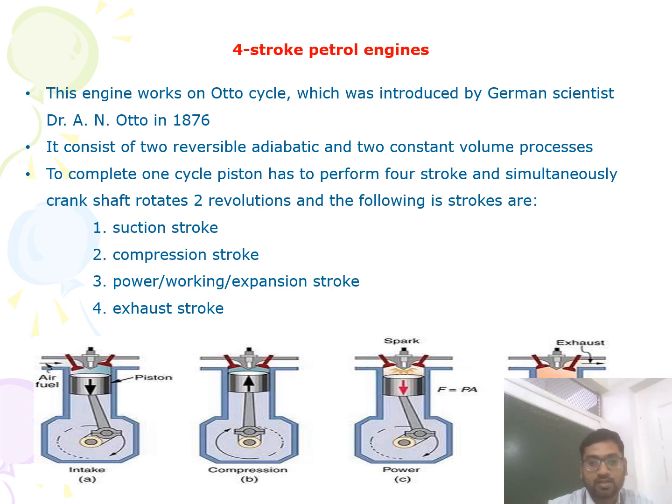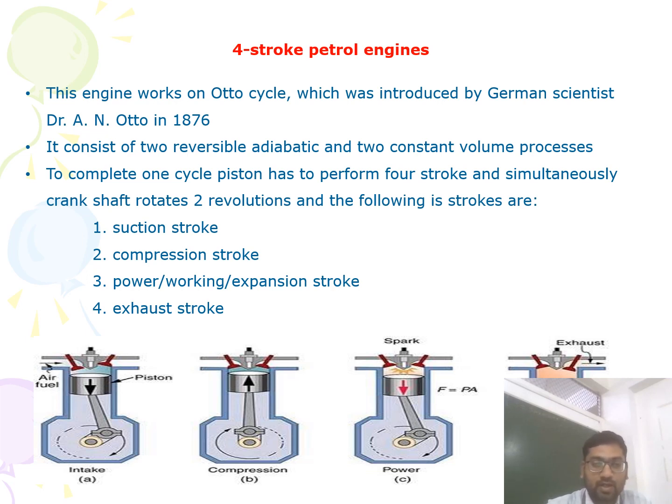Charge means the proper proportion of mixture of air and petrol. The piston has to perform four strokes to complete one working cycle, and the four different strokes are the suction stroke, compression stroke, power, working or expansion stroke, and last the exhaust stroke. You can see the different strokes in the figure.